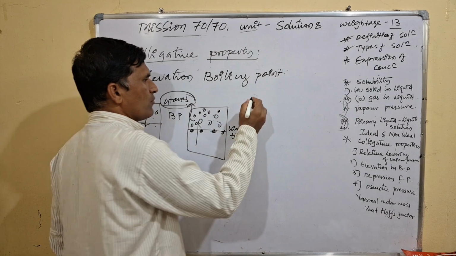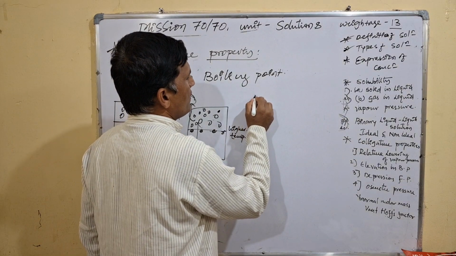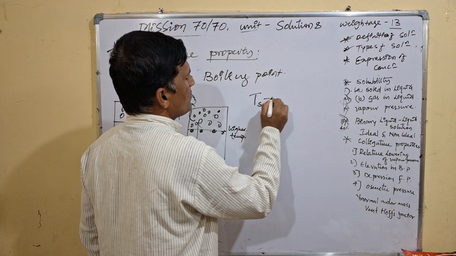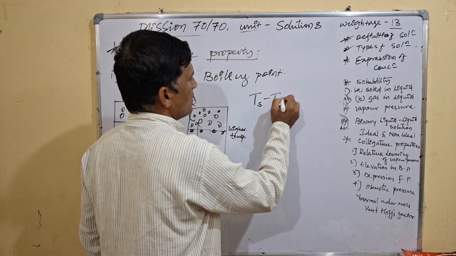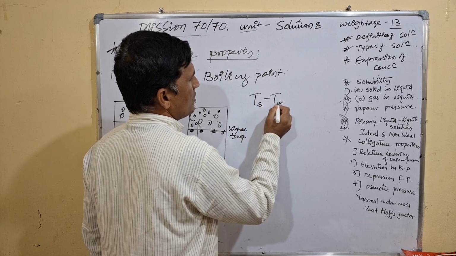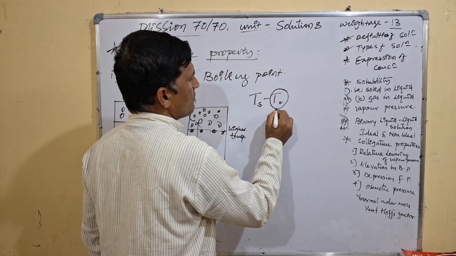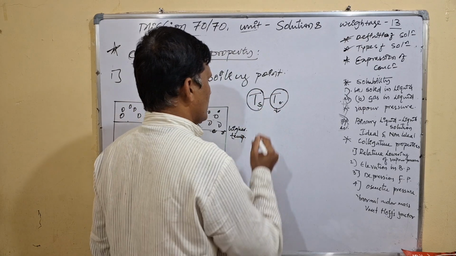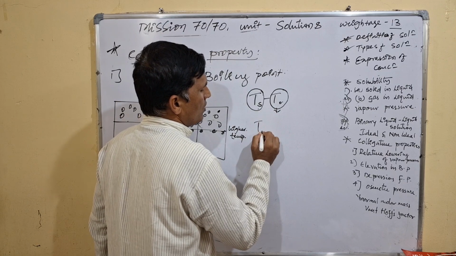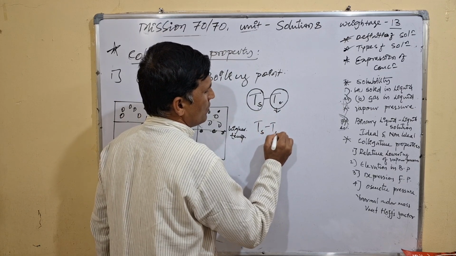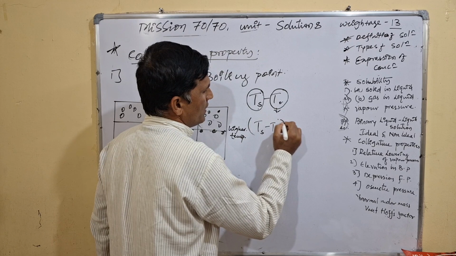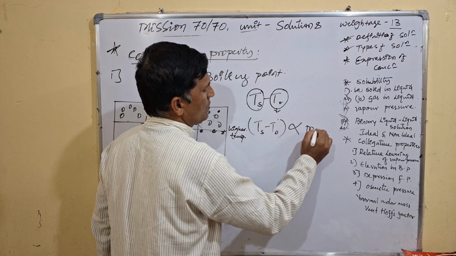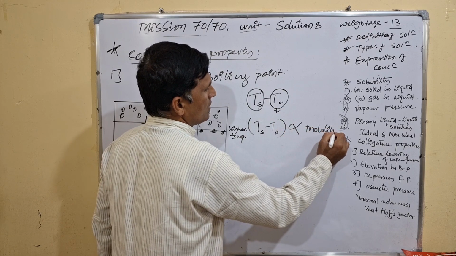That we call elevation in the boiling point, and we give it as Ts minus T naught, where T naught is the boiling temperature of the pure liquid and Ts is the boiling temperature of the solution. So Ts minus T naught is always directly proportional to the molality of the solution.